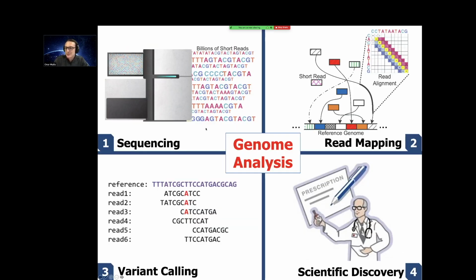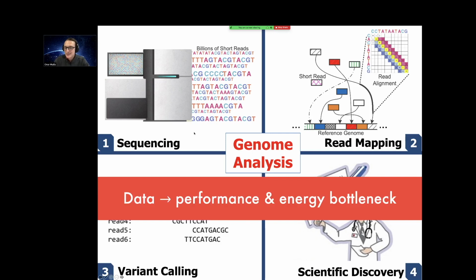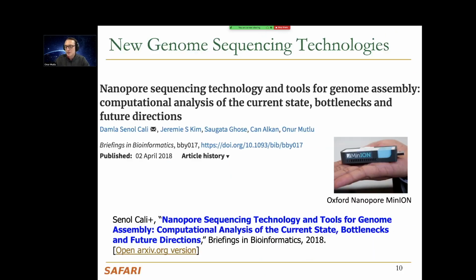Today, we're not bottlenecked by the devices that sequence genomes. We're really bottlenecked by the computational analysis that we can do on them. So the scientific discoveries, as well as medical advancements, are very much dependent on the speed and the energy of the computational analyses that we can do with the output of these devices.